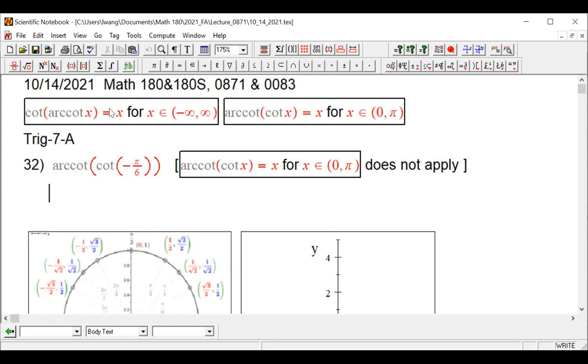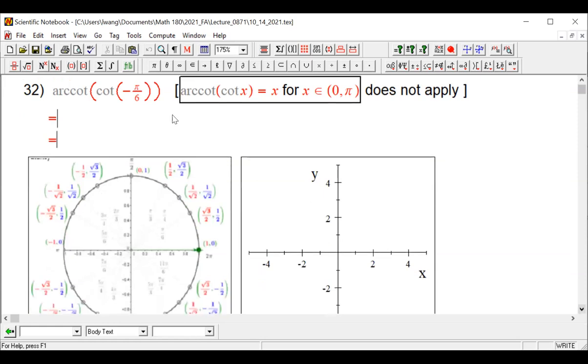Step 1, we do the inside. And step 2. So cotangent negative pi over 6, you measure clockwise. Boom. That's a terminal. You take the red number divided by the blue number. That gives you the cotangent ratio.